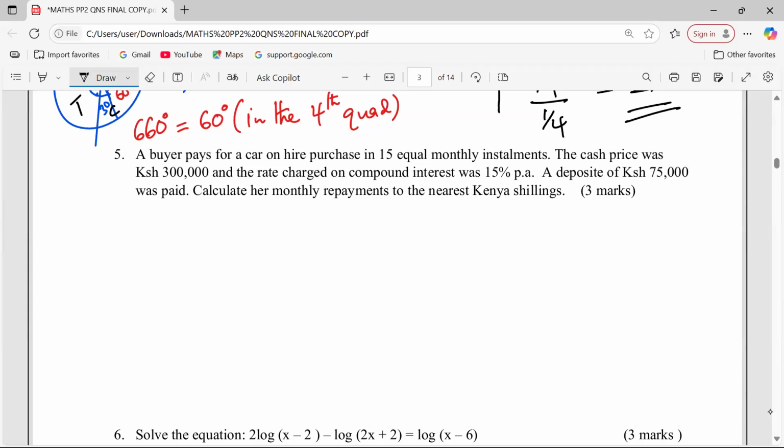So let's check the balance. The balance is going to be our principal, because it is the amount that will earn interest within the 15 equal monthly installments.